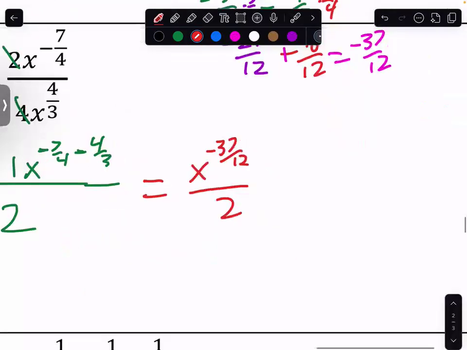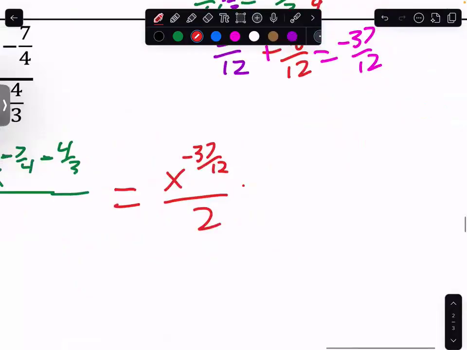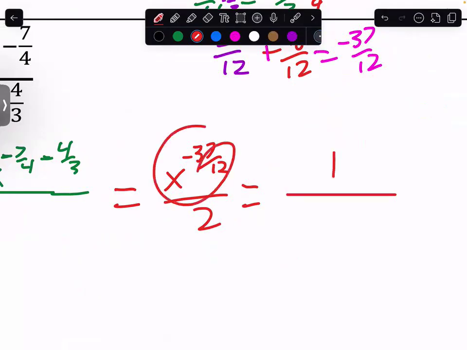We have a negative exponent, so we can make it positive by moving it into the denominator. There's nothing left once the x moves down, so we have to put a 1 there.